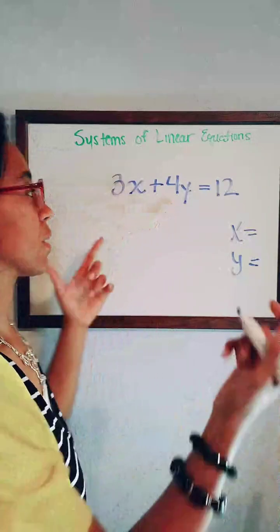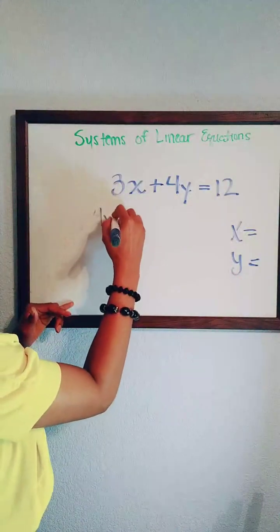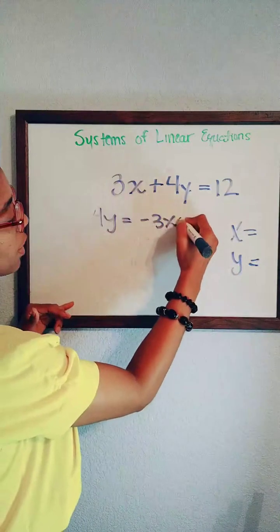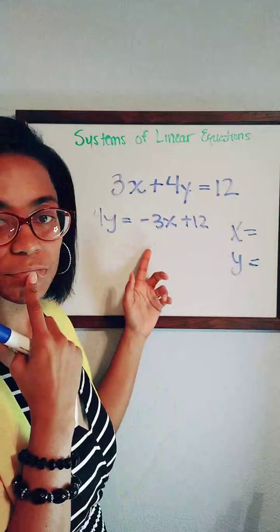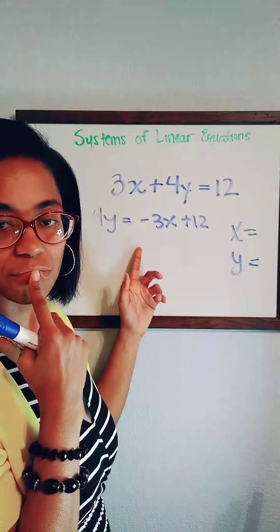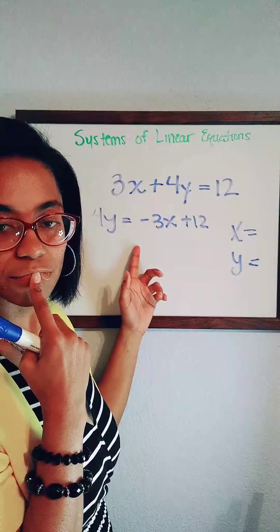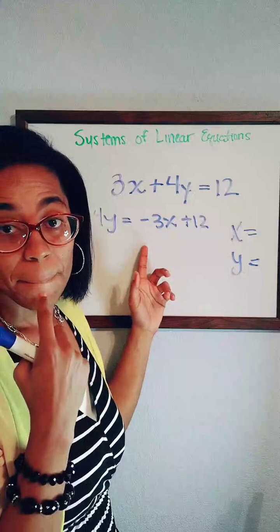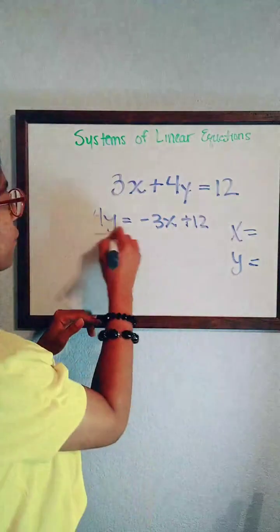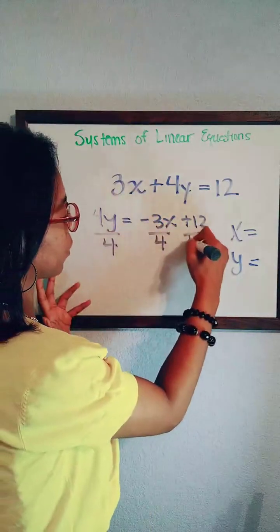Because Sabrina, you telling me to subtract x, I'm going to get 4y is equal to -3x plus 12. Then what am I going to do? I'm going to divide by 4. Okay, I'm dividing by 4.